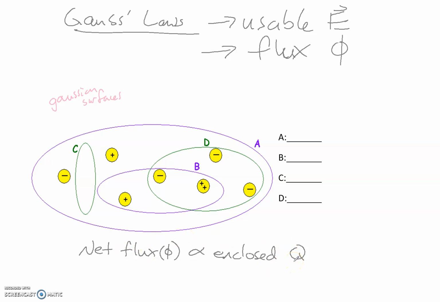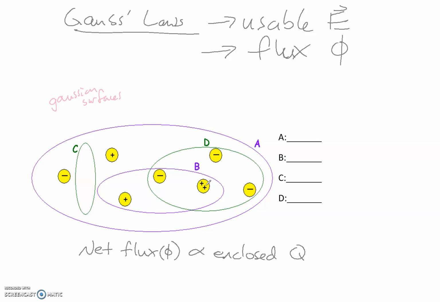So if I look at surface A, there's a whole bunch of charges inside of A. I've got 1, 2, 3, 4 negatives. I've got 1, 2, 3 positives, but that's a double positive. So I've got -4 and I've got +4 altogether, which means the net charge inside is 0.